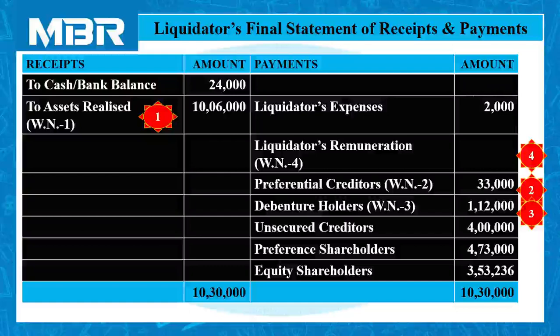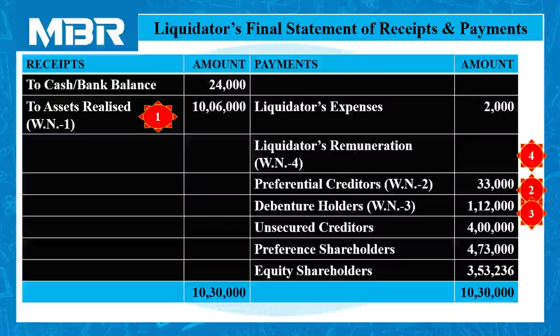Then we have to pay the liquidator's remuneration. As we all know, payment to the liquidator is dependent on three different items. The first item is based on assets realized. Second, the amount paid to the preferential creditors of the company. And third, the amount paid to the equity shareholders of the company.